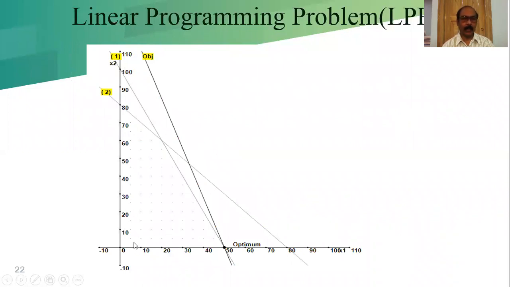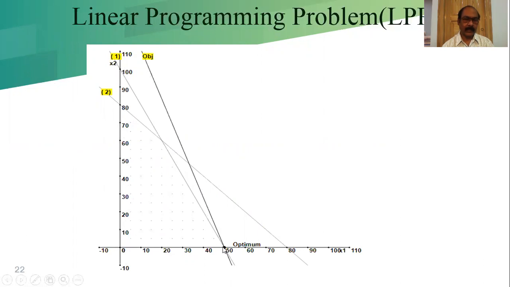This is drawn by the software, and this is the objective function line. When it is drawn, it passes through the origin, and then it shifts from this far end. Since it is a maximization problem, it moves parallel to that.